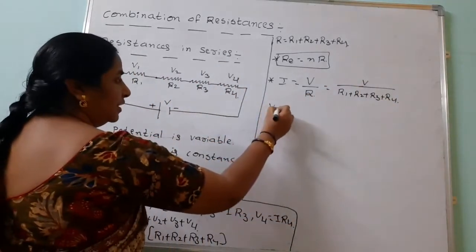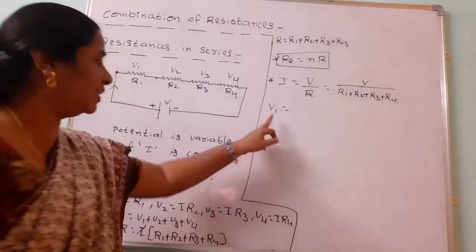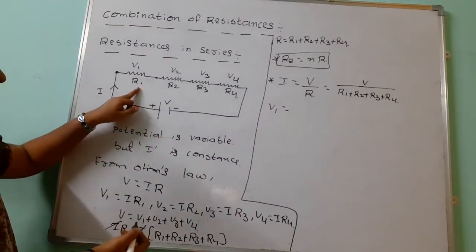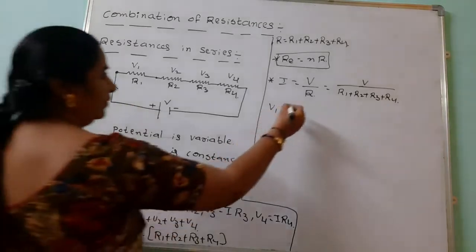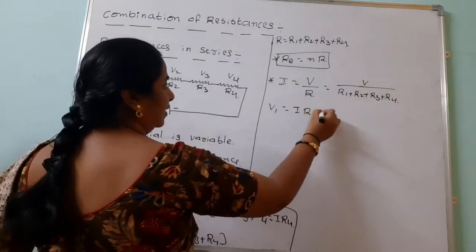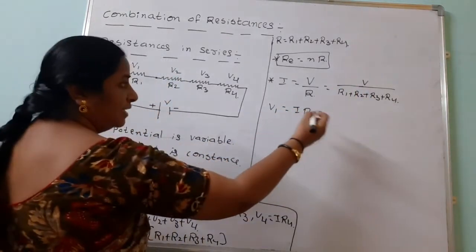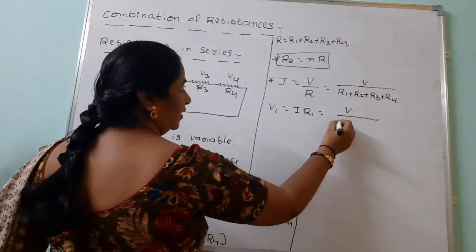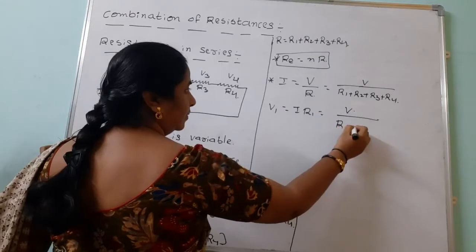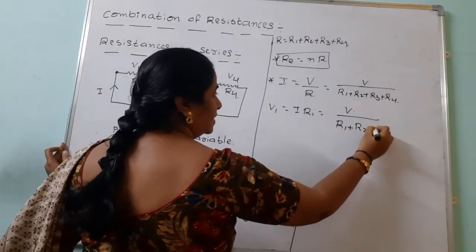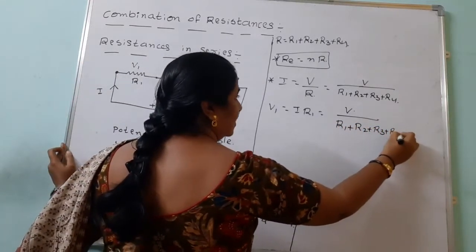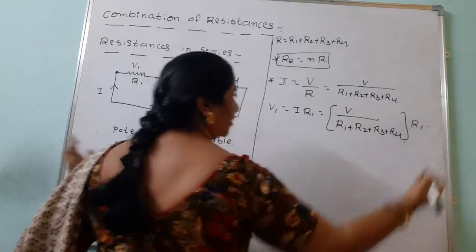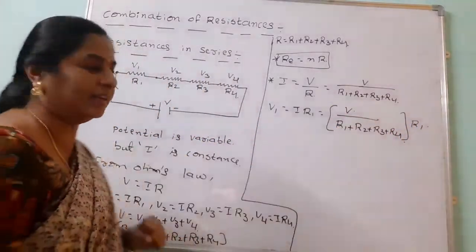Then what is the potential across the first resistance? V1 equals, from Ohm's law, I into R1. Instead of I, which is constant, we write V by R1 plus R2 plus R3 plus R4. But we want the potential across R1, so we multiply by R1.